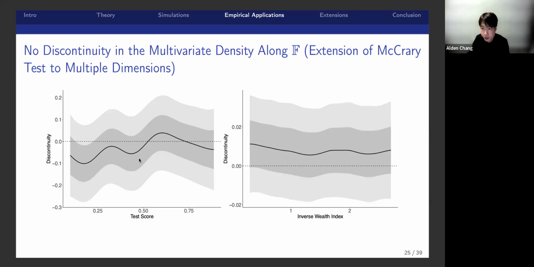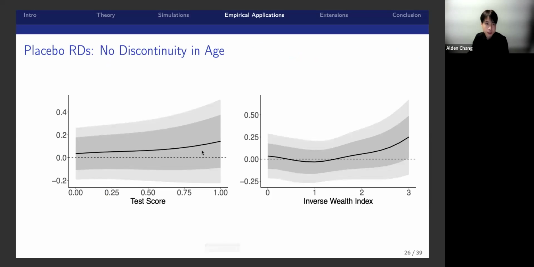And we can see that along the two segments of the treatment frontier, the estimated discontinuity is not statistically different from 0.